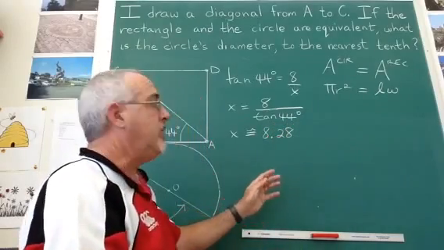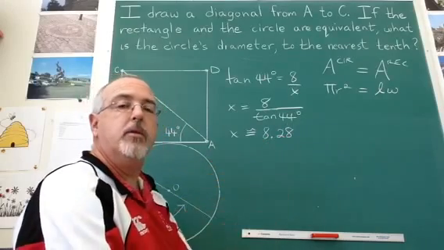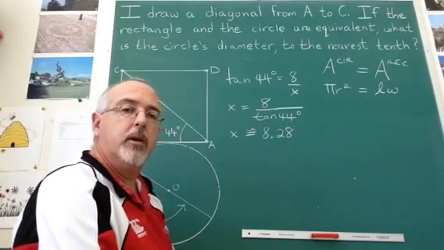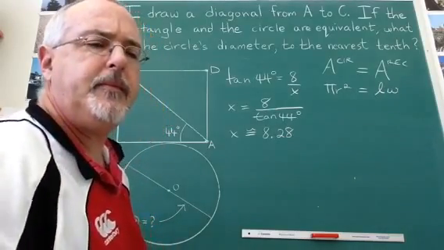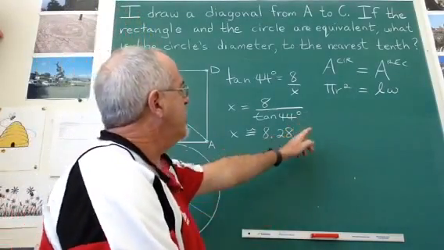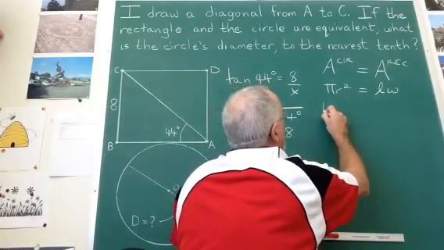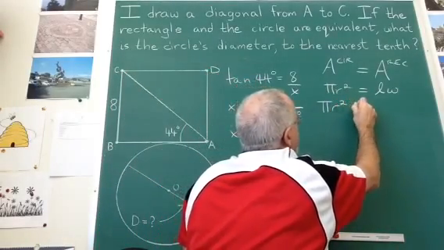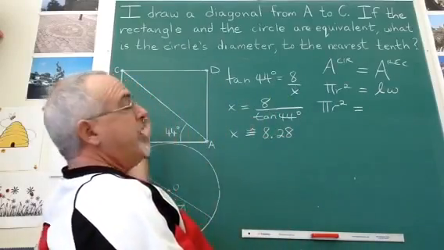Now I'm writing down a rounded off value, but I still have the real value in my calculator, and that's what I'm going to use for further steps. I can now start filling in information into this equation. Pi r squared is equal to the length 8.28 times the width 8.